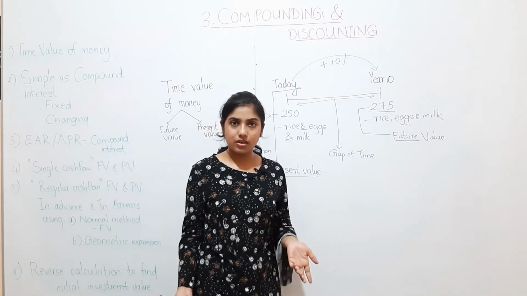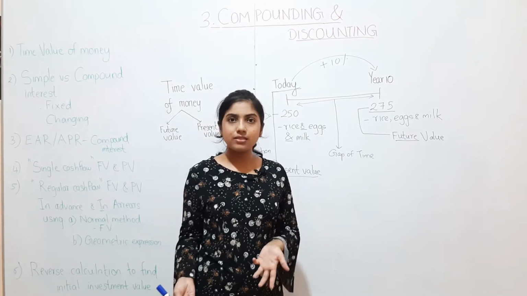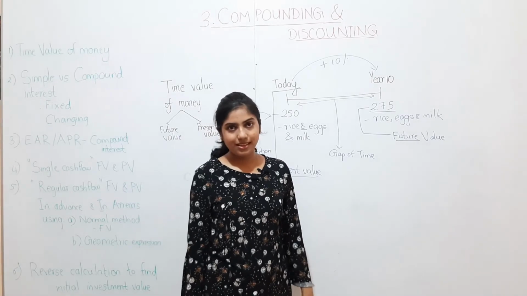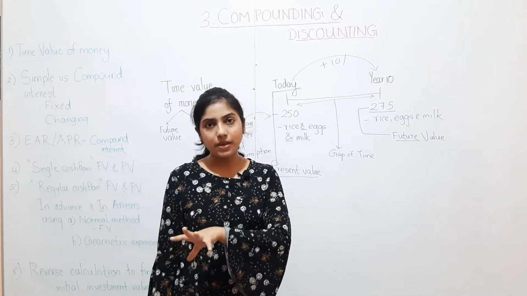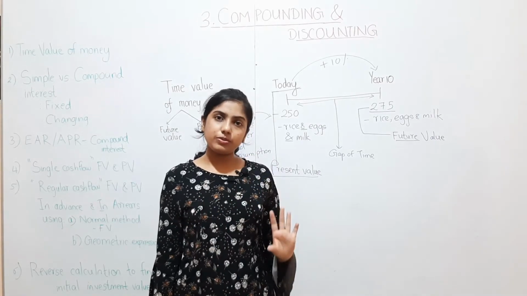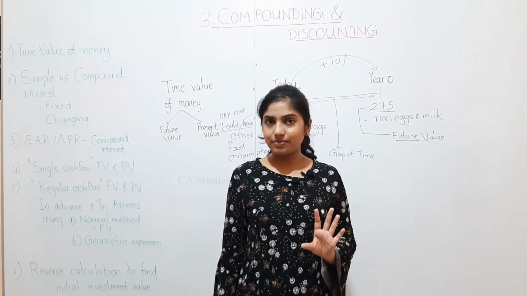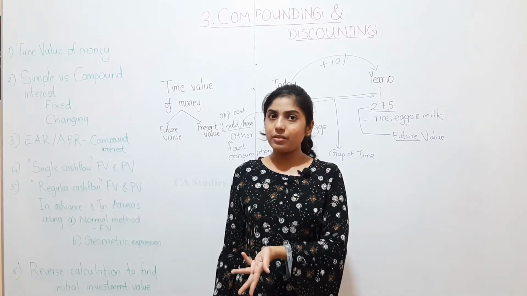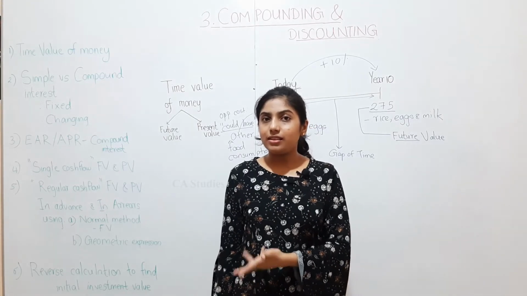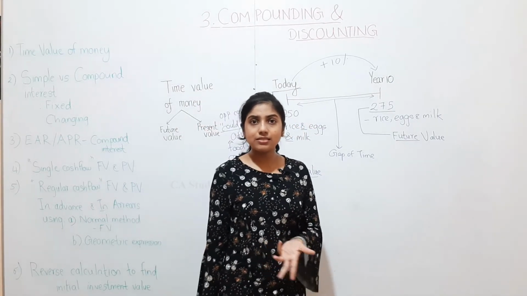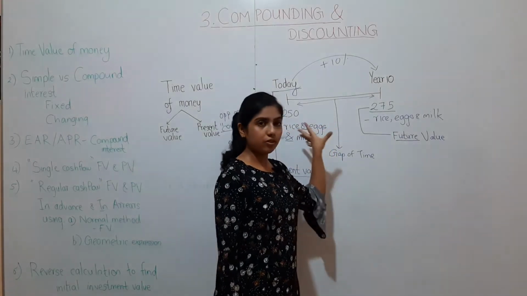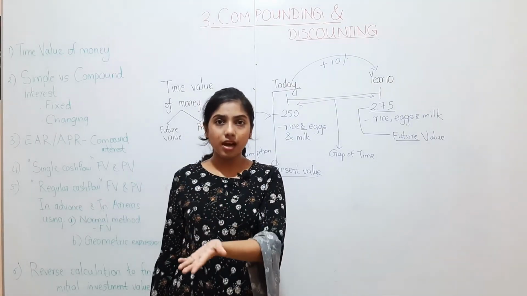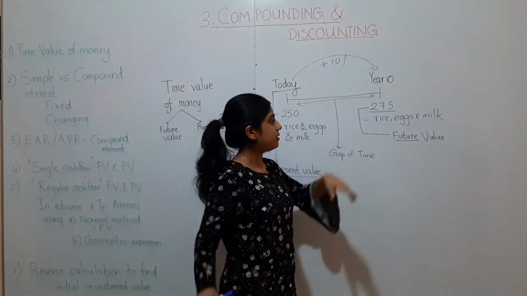FD or savings account. It gives you monthly interest. Something will come to your account and at the end of the year you will have your annual interest. But without depositing in the bank, you're spending the money to buy an item. That lost opportunity of not being able to invest in the bank is opportunity cost and creates the time value of money highly. Because if you could have invested in the bank, you would have got a higher amount in 1 year.